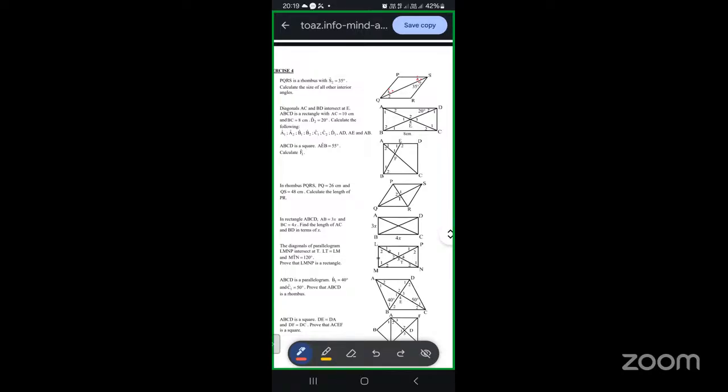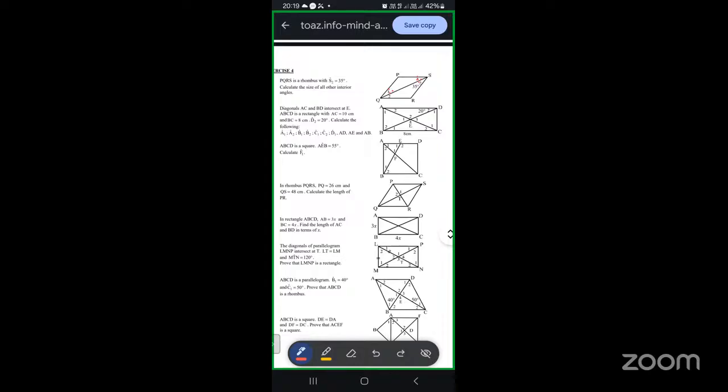No, sir, I don't agree. Oh, okay. Why do you disagree? It doesn't form that Z shape, sir. Like they're not alternate to each other. Oh, okay, yes. I agree they don't form that.